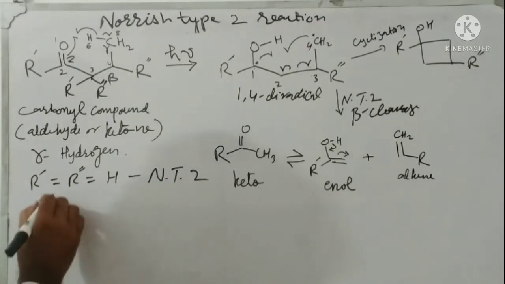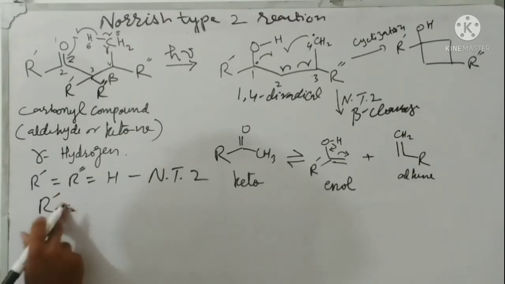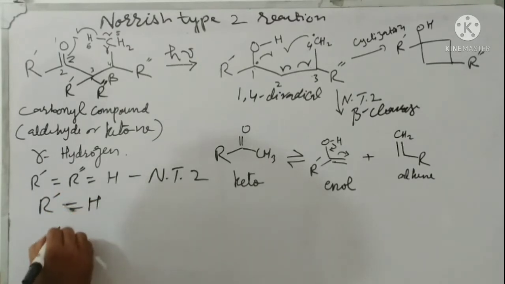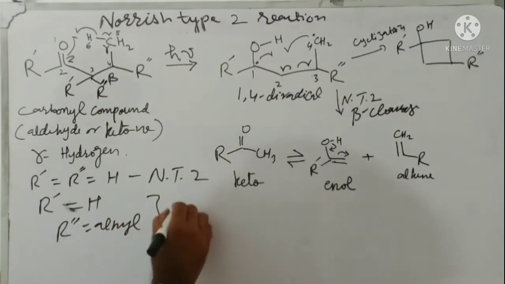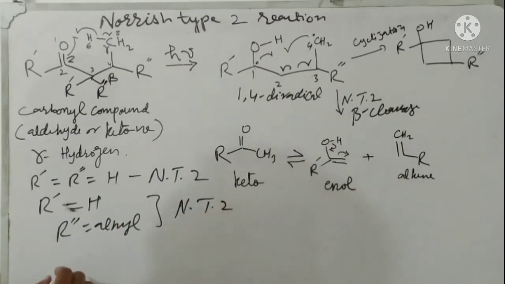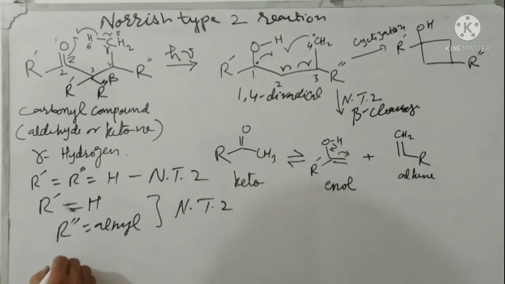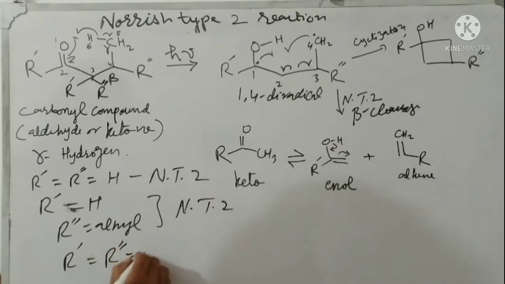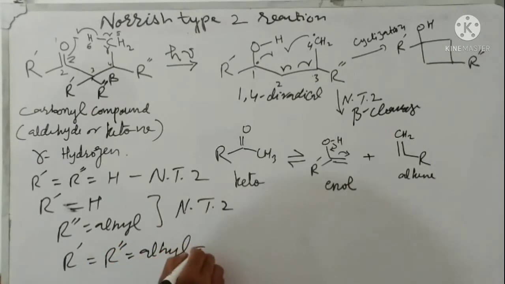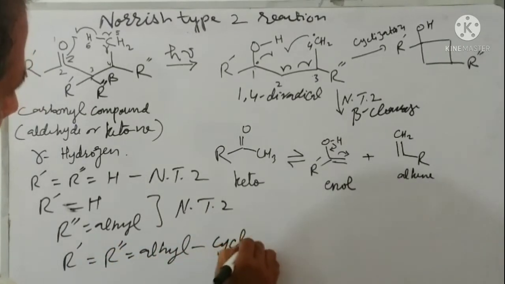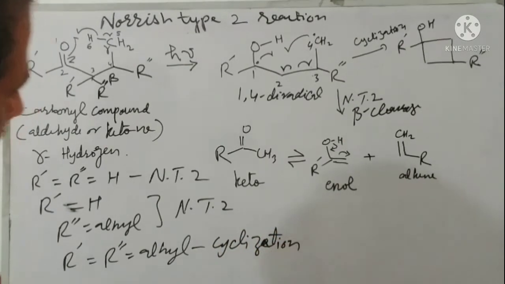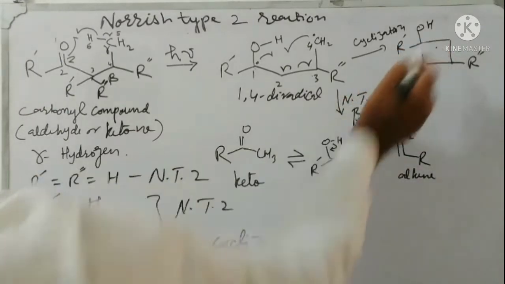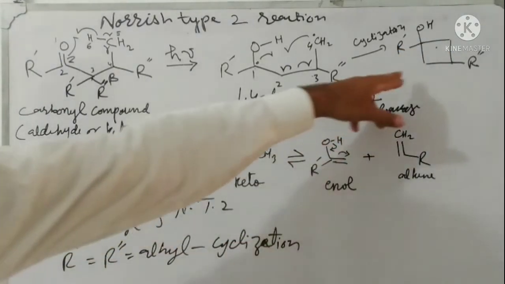If one of the R is H and the other is an alkyl group, again this is Norrish type 2 reaction. If both the groups R and R prime are alkyl, then cyclization will be preferred. So the cyclization product will be the major product.